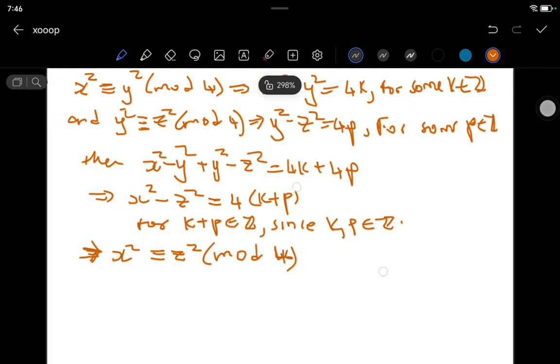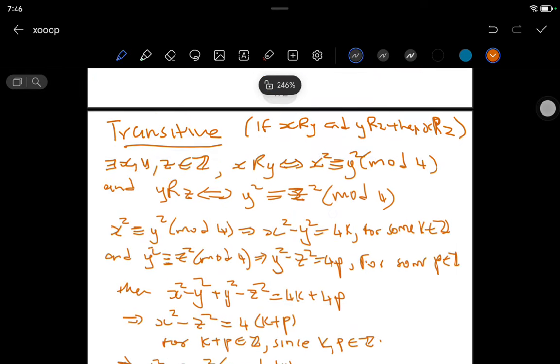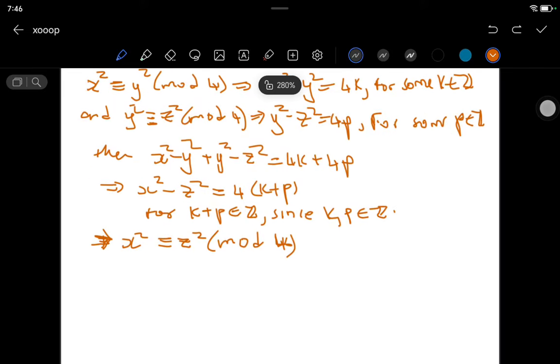You see, right? Indeed, we have proven this. We arrived to show that x is related to z. So x is related to z, thus R is transitive.